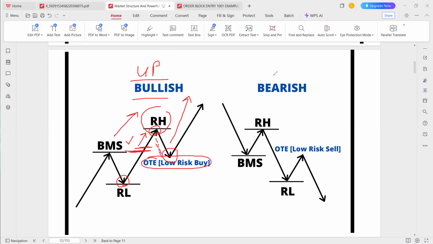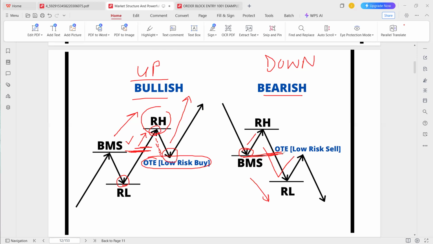The same can be said for a bearish move. If you are in a downtrend, same thing, you're waiting to identify price breaking a structure. Then after they retrace, you want to trade in the direction of the break of this structure here. So as soon as the structure is broken, you are now waiting for a retracement.